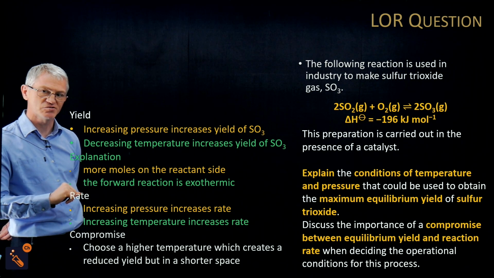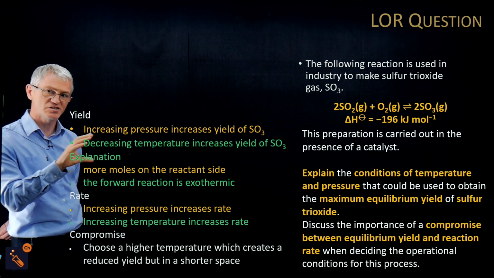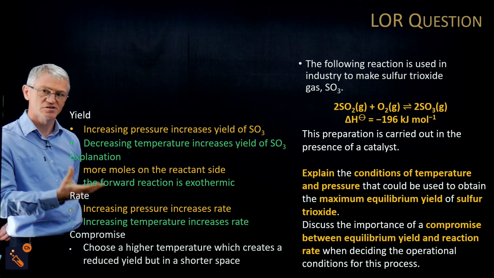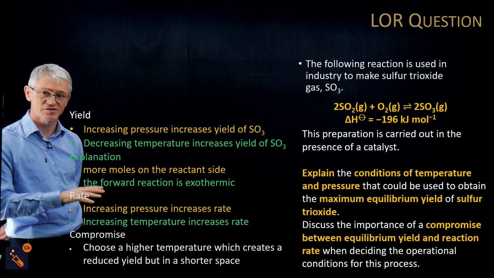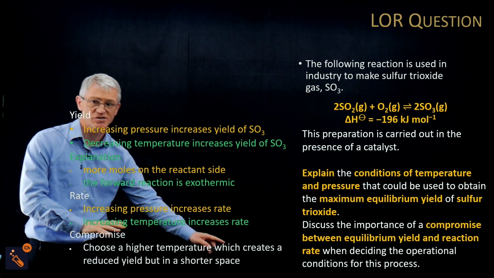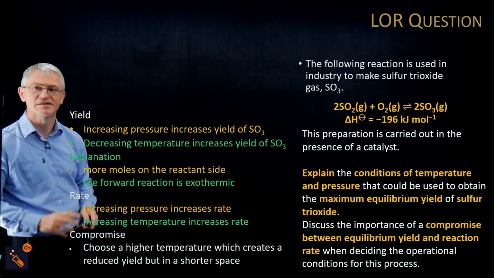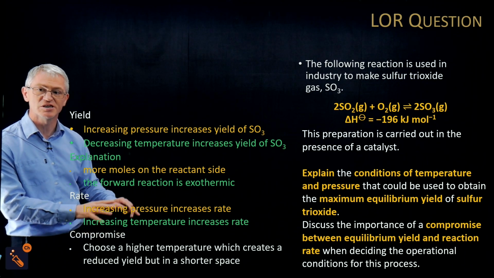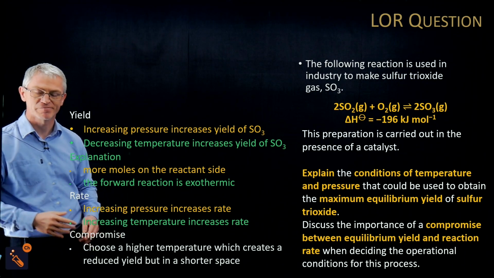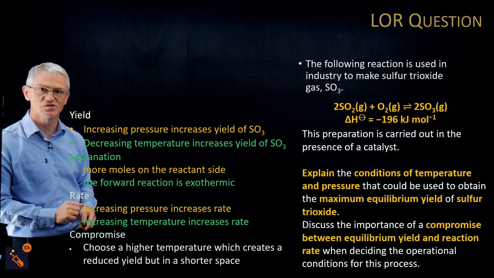Okay, and increasing pressure increases rate. We've also got decreasing temperature increases the yield of SO3 because the forward reaction is exothermic, and temperature increases rate. Now, the important thing down here, and I know I haven't put the extra little bit on the bottom here, but I'm going to say it a couple of times. Choose a higher temperature which creates a reduced yield but in a shorter space of time. So less time. That's what you've got to say.